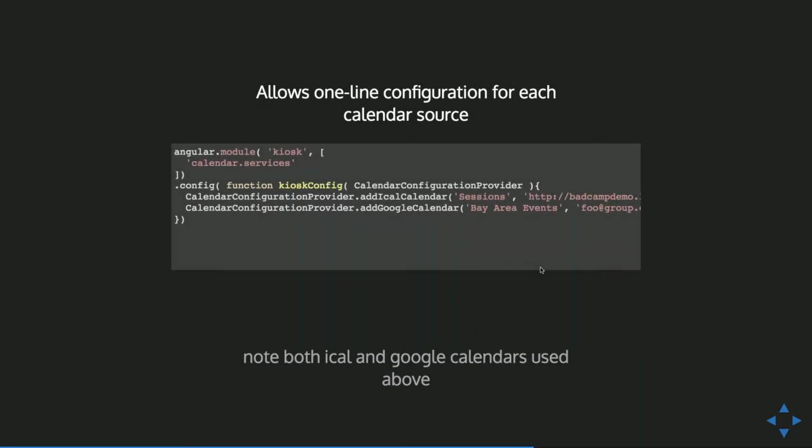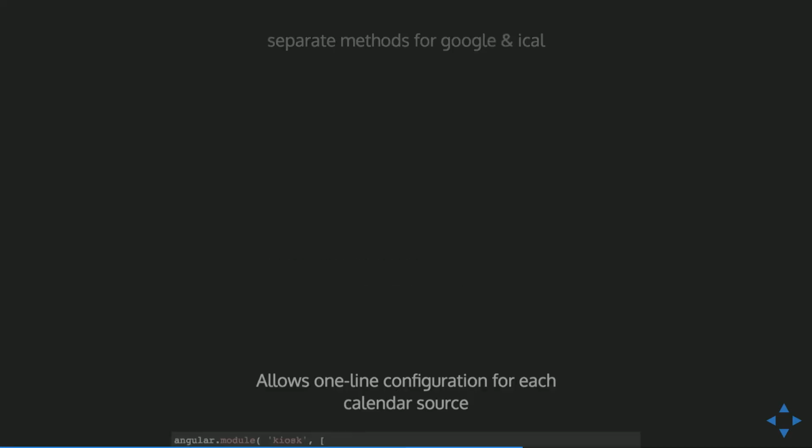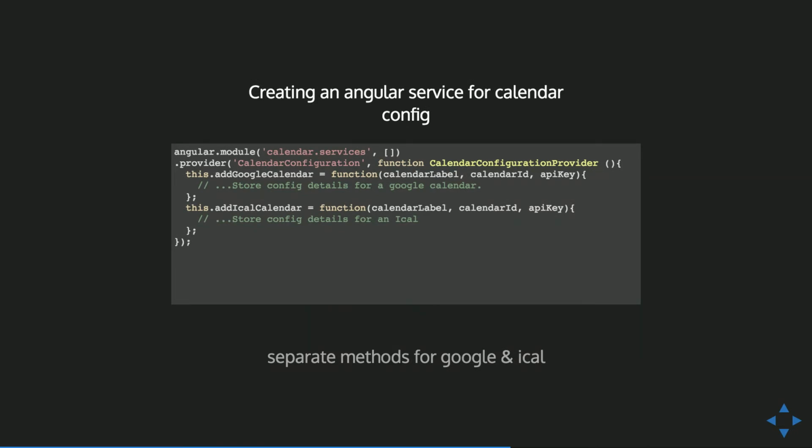After setting up the little config service, which is abbreviated here, I can tell you what it's doing. It's really simple. All it does is store the variables I give it. My signature here for the Google Calendar takes a label, which appears in the UI.